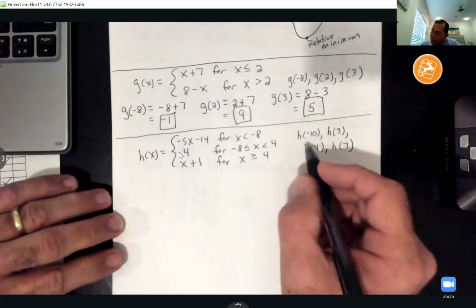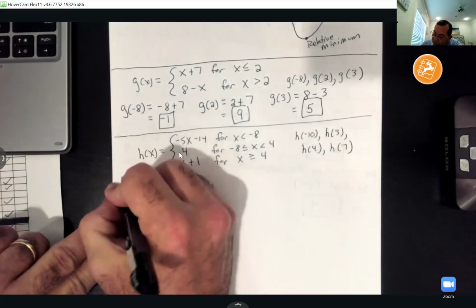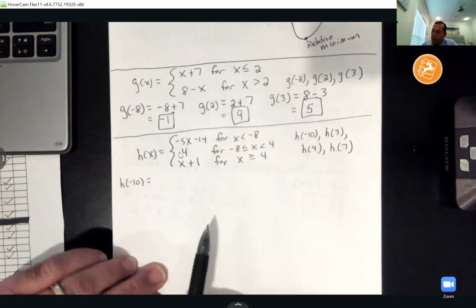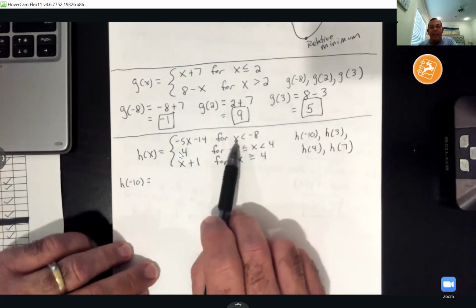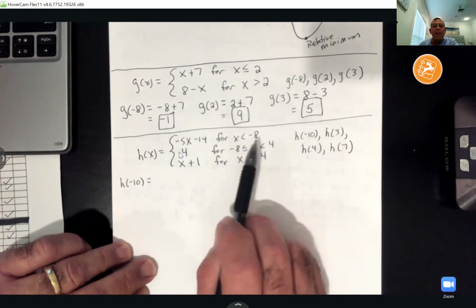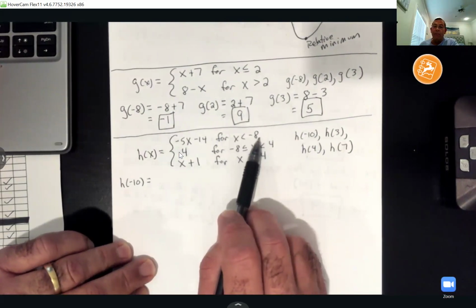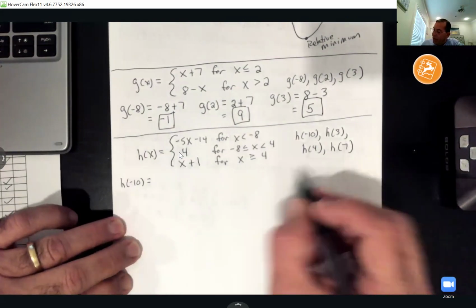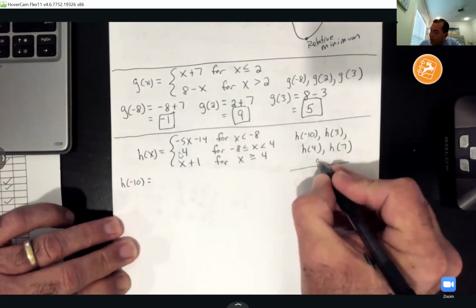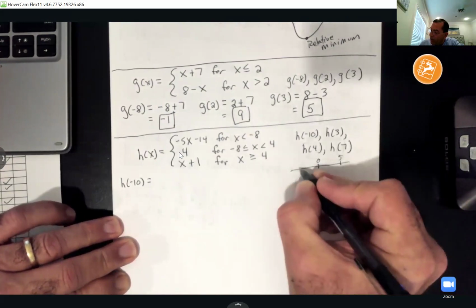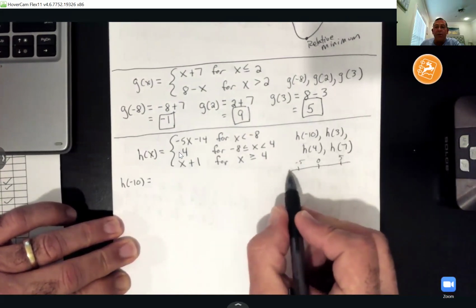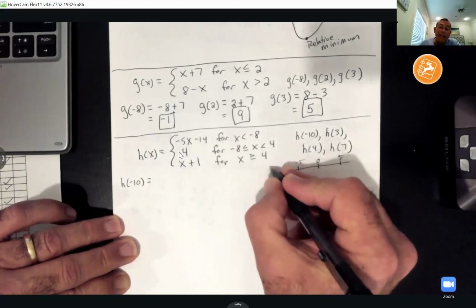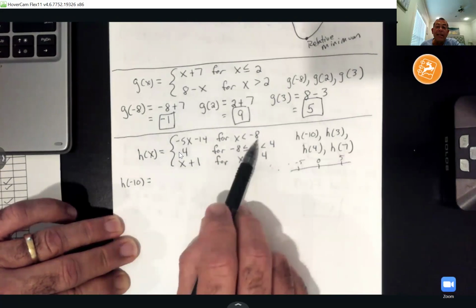So I'm going to start with H of -10. I'm starting with my first domain. Is -10 less than -8? That is true. Remember, any number to the left is smaller than another number. So if you're looking at your number line, going left to right, any number to the left of another number is less than that number. So you got -8 and then -10, so -10 is less than -8.